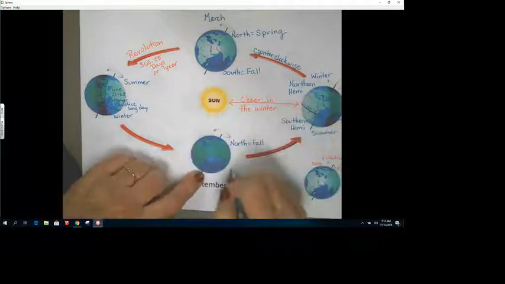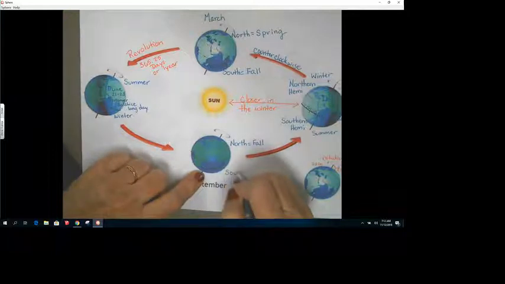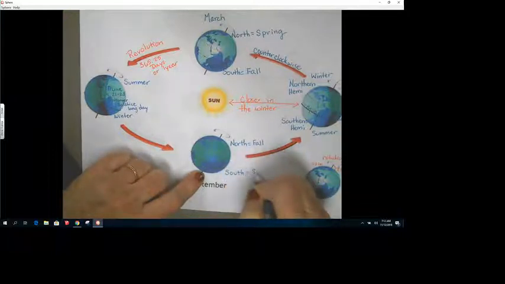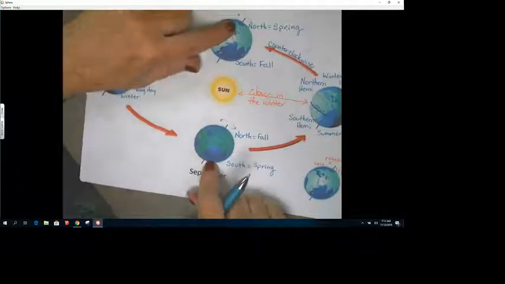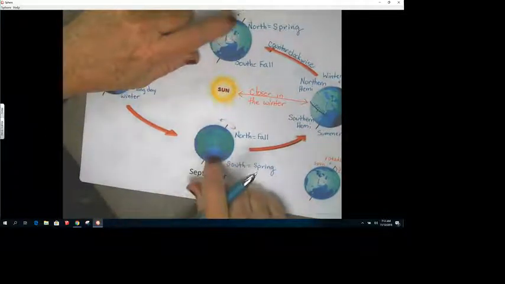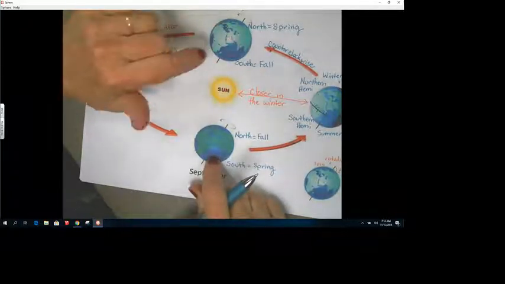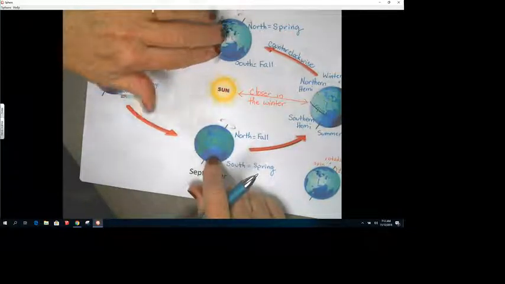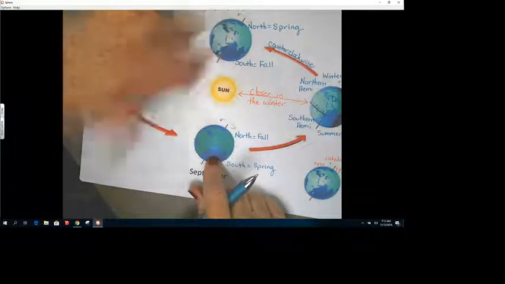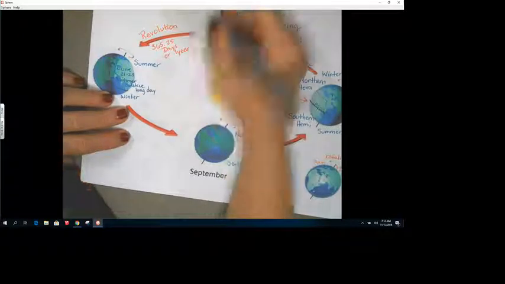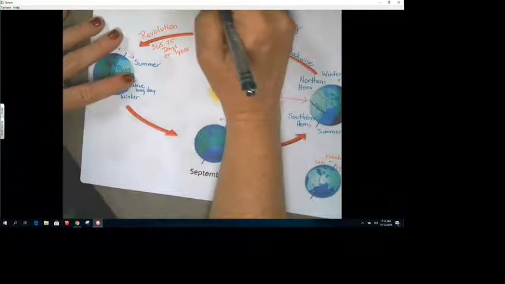And then in the Southern Hemisphere, they will have spring. Remember that when we are here and here at spring and fall, the sun is hitting most directly at the equator and equally in the northern and the southern hemisphere. So we have what is called the equinox.